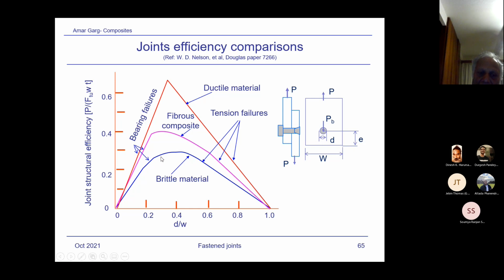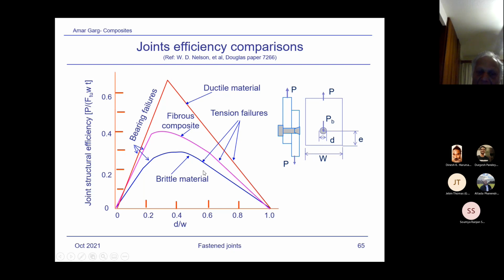If it's a brittle material, the structural efficiency maximum is around 30%. Here in this region, there's a bearing failure initially, but as W reduces and diameter increases in comparison to W, then we will have a net tension failure.